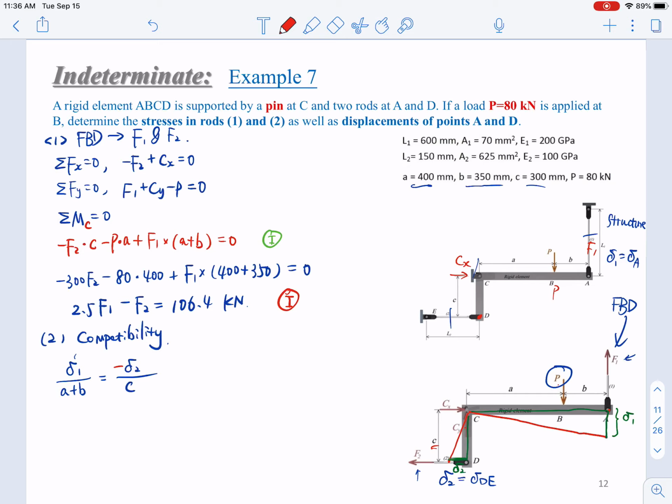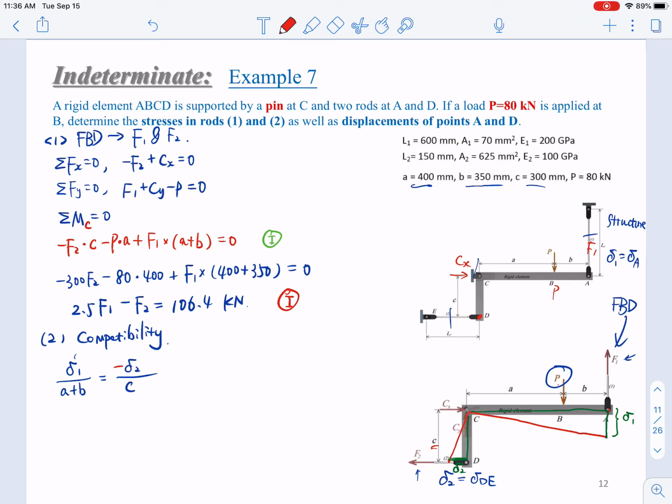It will become shorter. Right, so delta 2 is a negative number. Okay, to be meaningful in the similar triangles, both numbers here should be positive. So I will put a negative sign just before delta 2 to make sure we get a positive number here. Okay, so this is our equation 2.